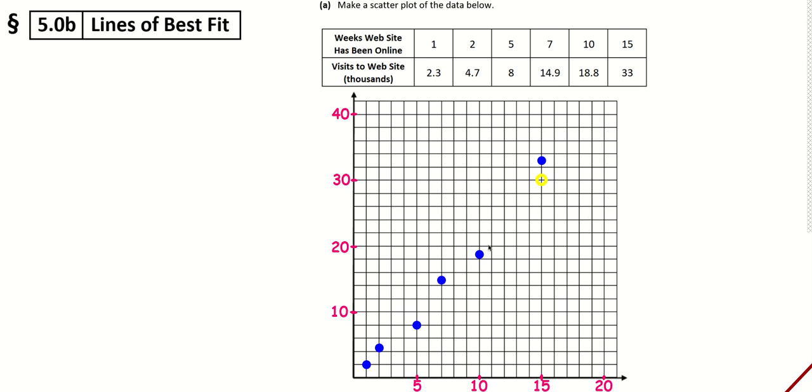A line of best fit is used when you look at a scatter plot and the dots are not making a perfect line, not all collinear on a perfectly straight line, but there's a trend, a pattern where they're making an uphill line trend or a downhill line trend.